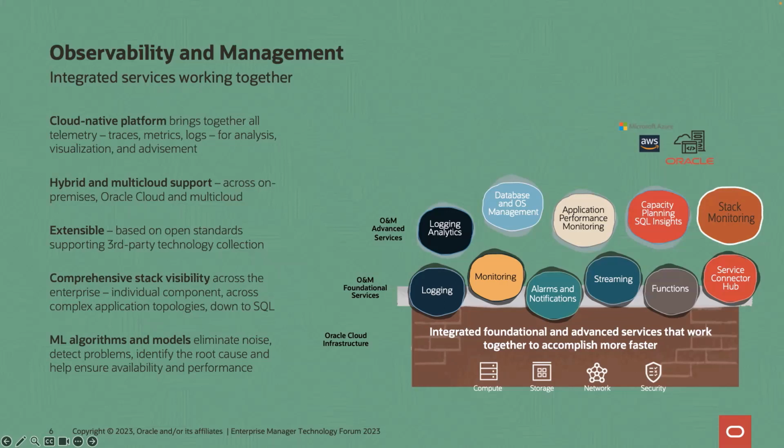And we have developed a service connector hub so services can observe, manage, and integrate with other Oracle services, as well as with open standards based and third party services. And on top of that foundation, we continue to add advanced services providing capabilities that help customers gain greater insight, solve current business problems, and innovate for the future.